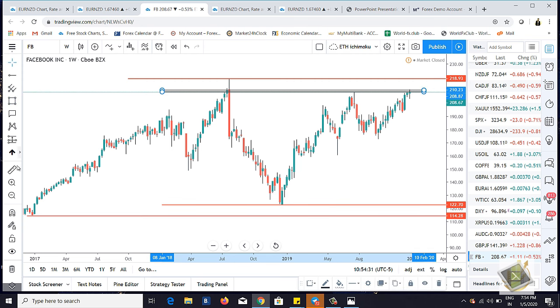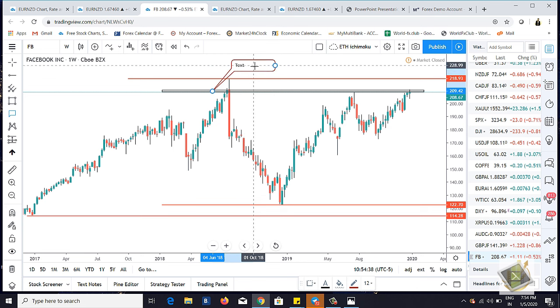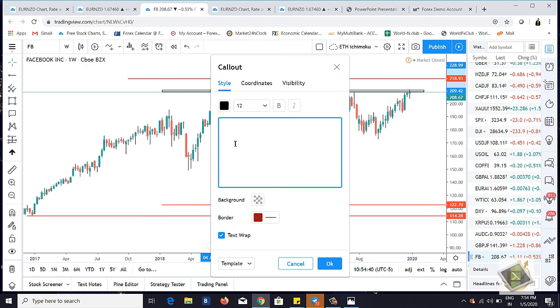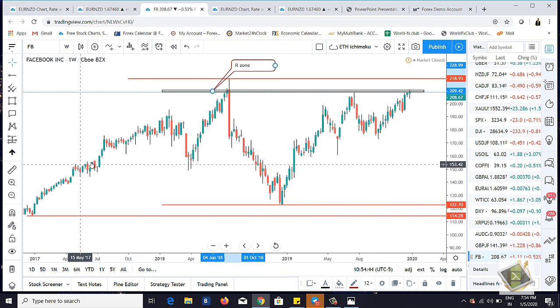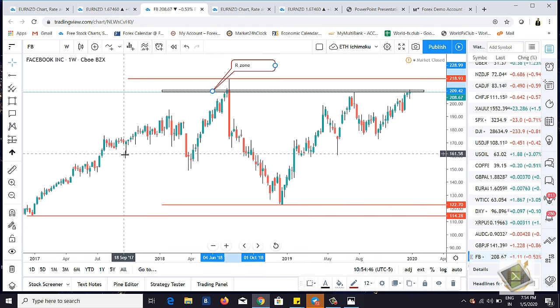I can write here that this is a resistance zone. Same thing here, R zone.